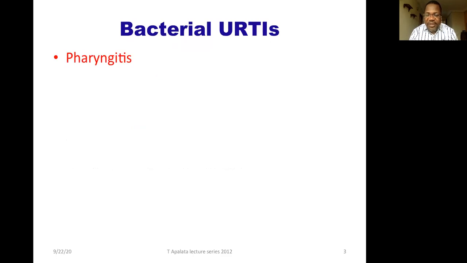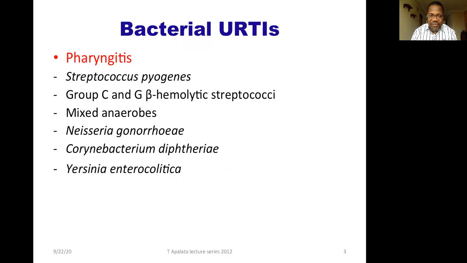Let's look at bacterial upper respiratory tract infection. The first condition is what we call pharyngitis, bacterial pharyngitis. Bacterial pharyngitis is caused by a number of pathogens. The commonest one is Streptococcus pyogenes, or group A Streptococci. We have also group C and G beta hemolytic Streptococci. We have mixed anaerobes.